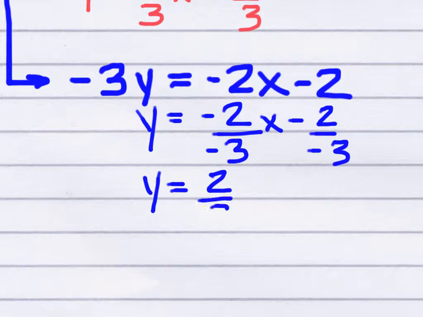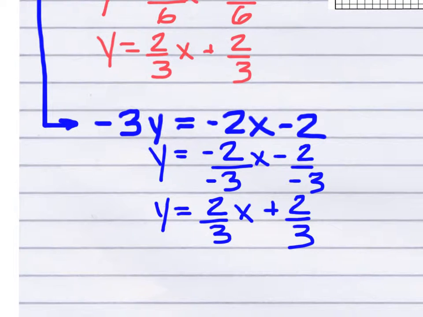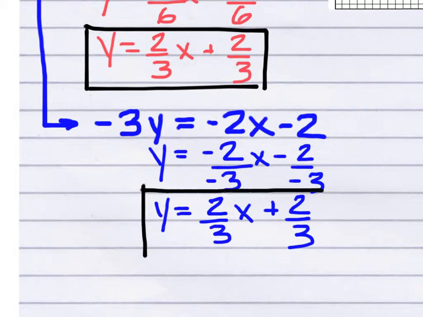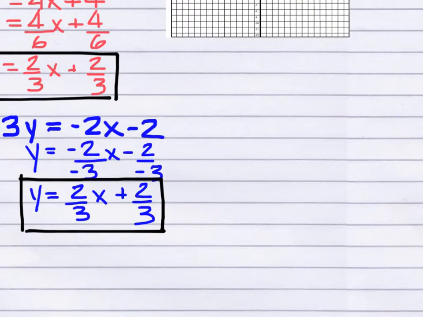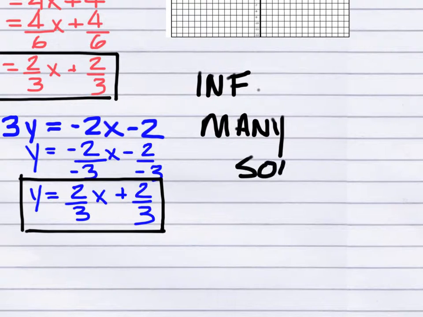Double negative is positive. So in this case we end up with this and this. Are they the same equation? Is there any need to graph this? No. The solution is infinitely many solutions.